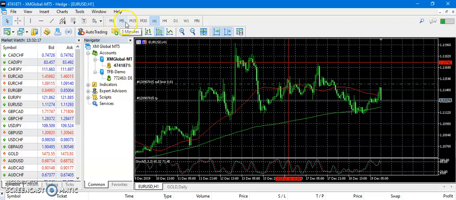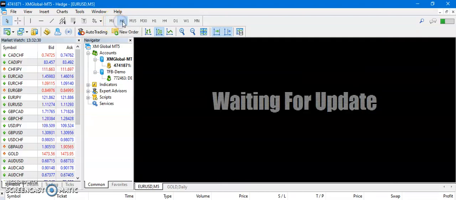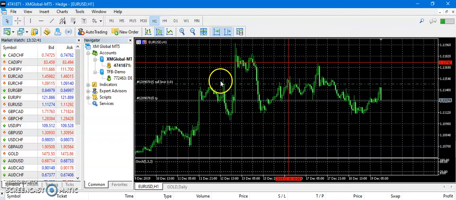Now, on this next rail, you can see the different time frames. You have the 1 minute time frame, the 5 minutes, 15 minutes, 30 minutes, 1 hour, 4 hours, day, week, and month. And what this means is, for each candle you see here on the 1 hour time frame, it took 1 hour for it to form.